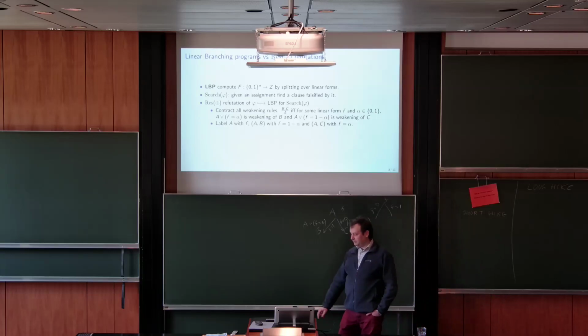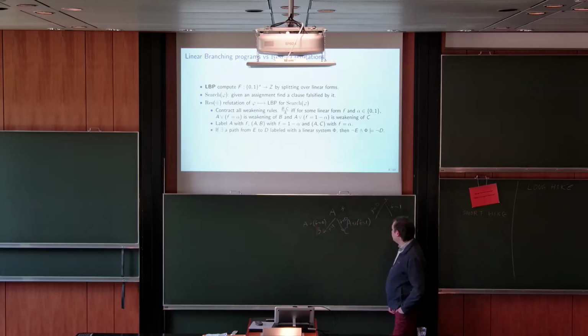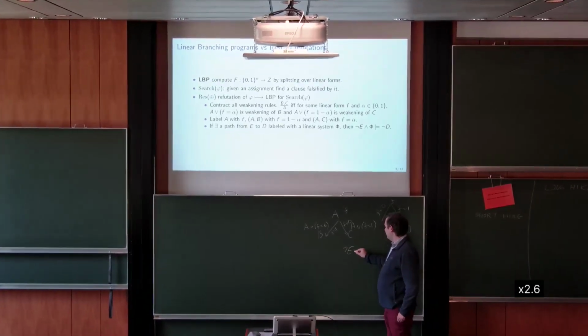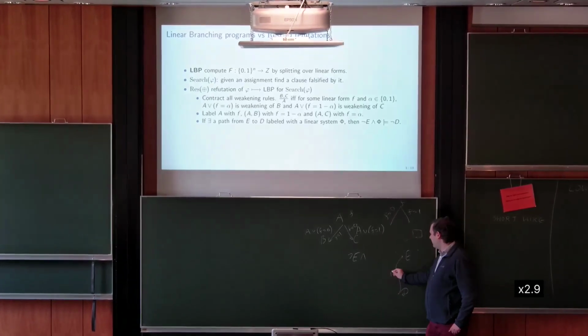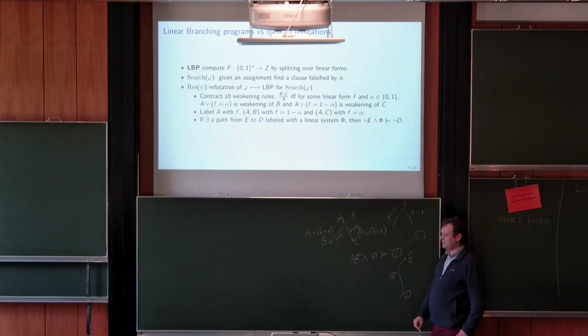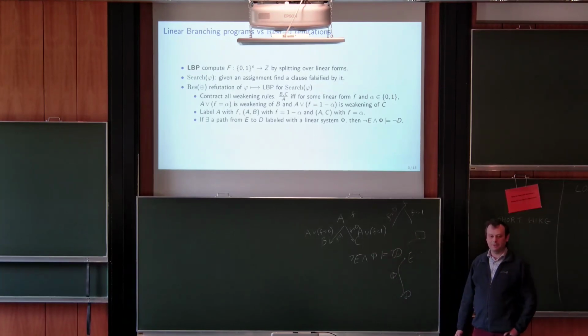The important property of such a program: if we consider some path, not necessarily from the source, but from any clause E to clause D, then the negation of E and the linear system on this path semantically implies the negation of D. This can be easily proved by induction.